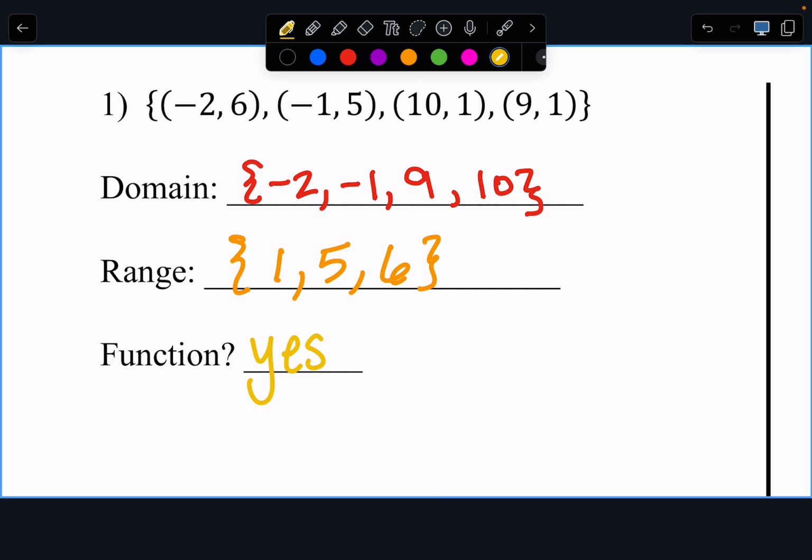If I had 10, 7, that would not be a function because 10 has 2 different outputs. But all of my inputs have different outputs. My y's can repeat. That's okay. It's just as long as the X is repeated. So if the X is repeated, it's not a function.